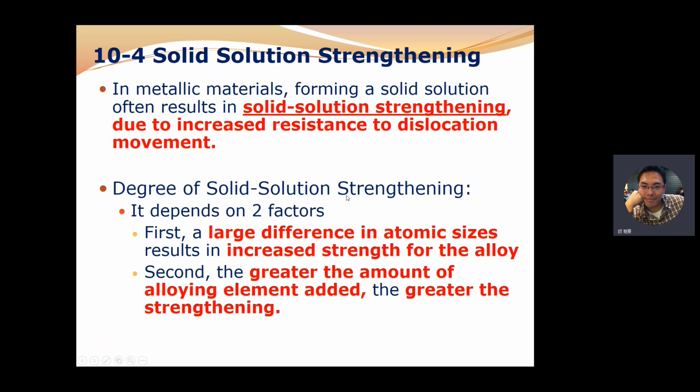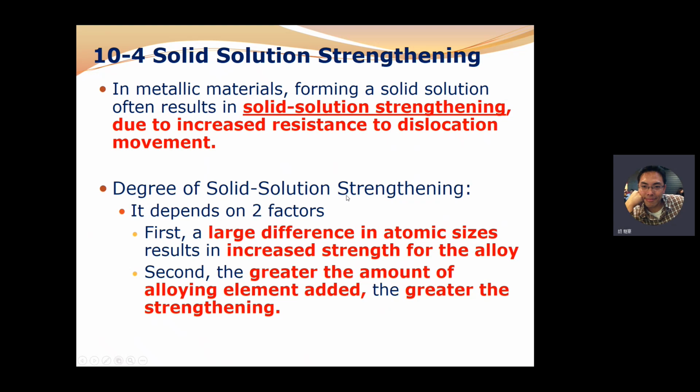The point defect is like a barrier, a barrier to stop or retard the movement of dislocation, right? So this dislocation will stop by a barrier. It cannot keep moving. It's called solid solution strengthening.